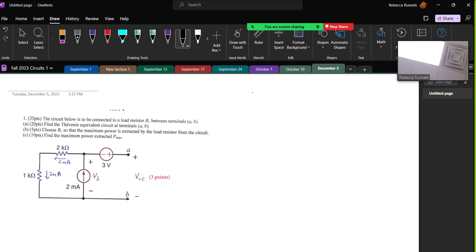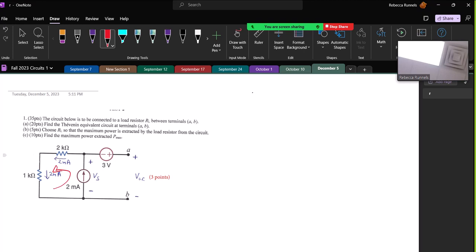Let's do some KVL, and I will go about this, the left-hand loop right here. Now I said we didn't know those currents.